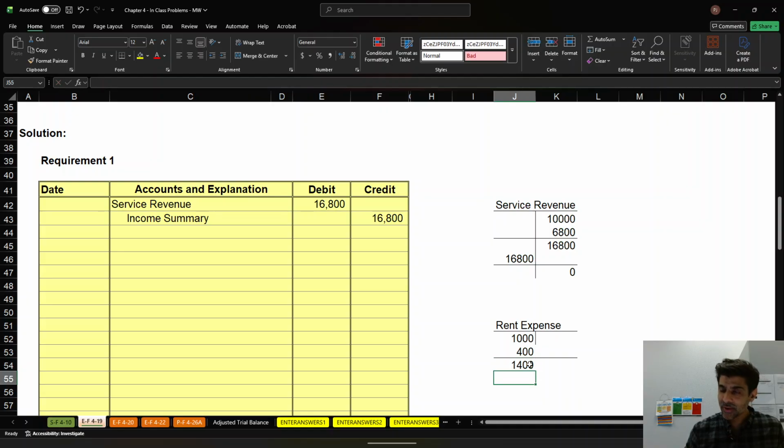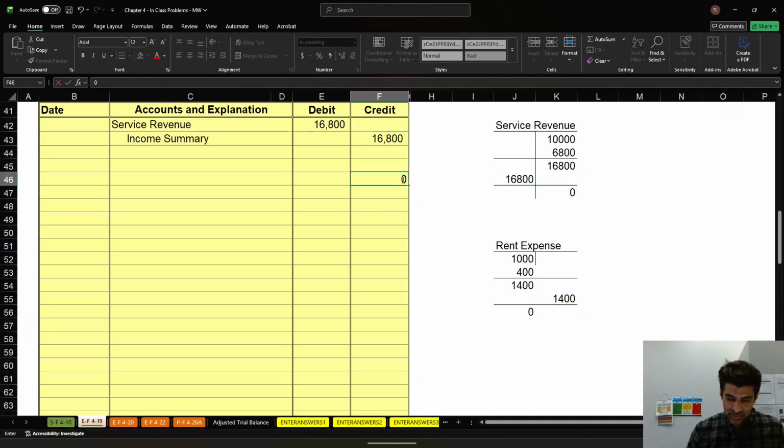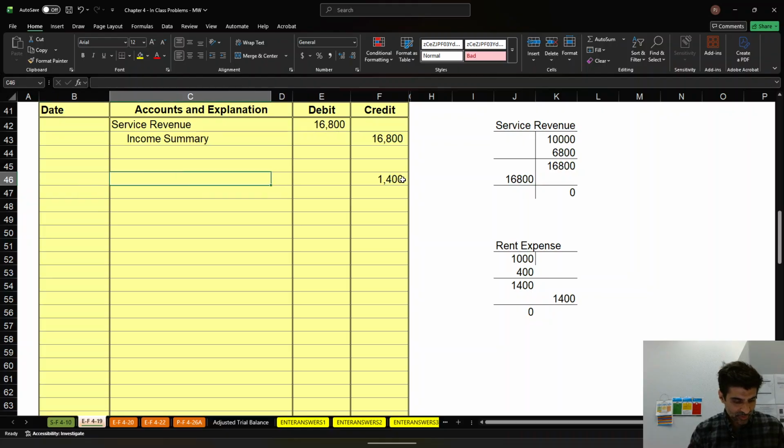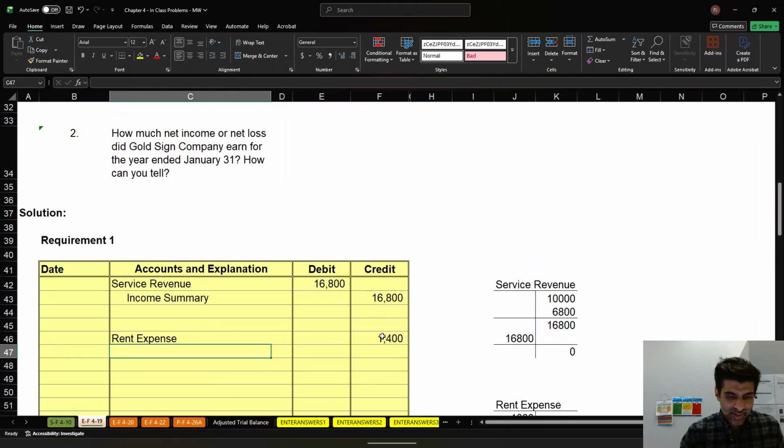Debit balance 1,400. I want this to go to zero. What do I have to do? I have to credit this 1,400. So that's going to be one of the entries: 1,400 credit to rent expense. Then I need to do the same thing for all of these. Salary expense, I need to credit 3,600.